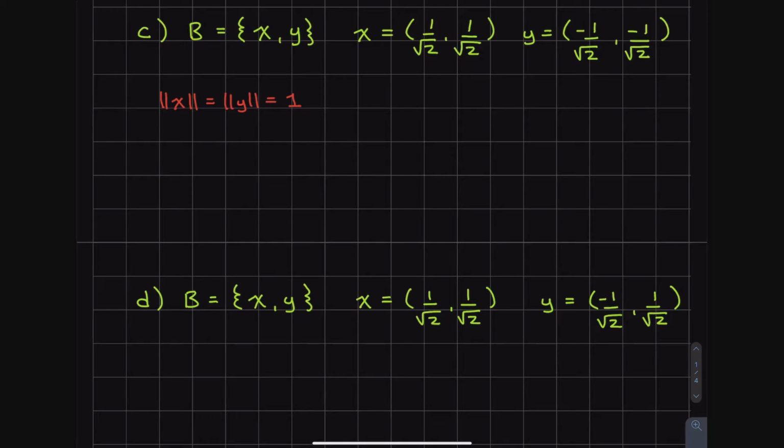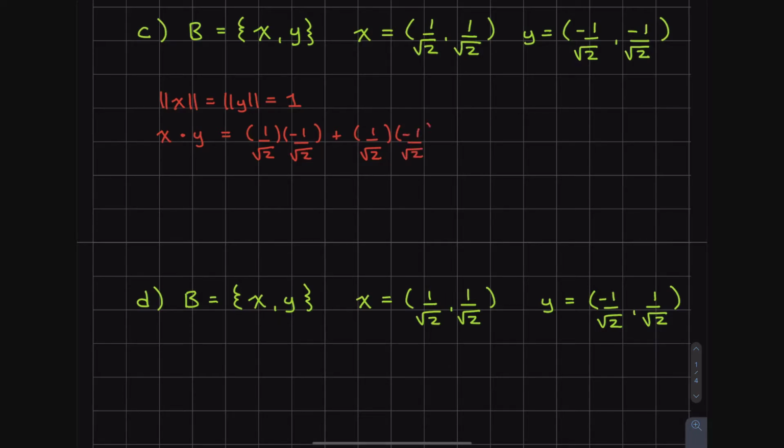Now the question becomes, are these vectors themselves perpendicular? So if we go x dot y, what we get is 1 over root 2 multiplied by the first component of y, which is negative 1 over root 2. And then we go to the second component. The second component of x is 1 over root 2, and then we multiply that by the second component of y, which is negative 1 over root 2.